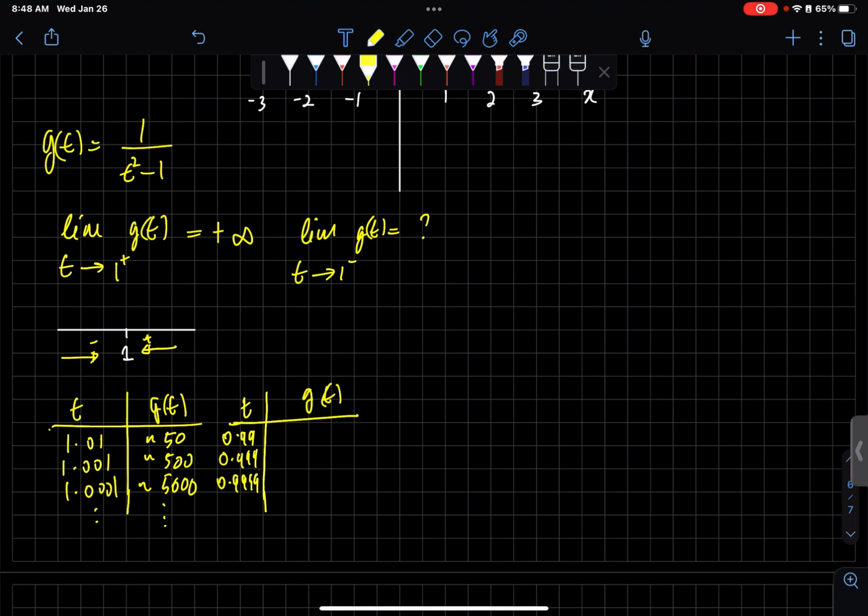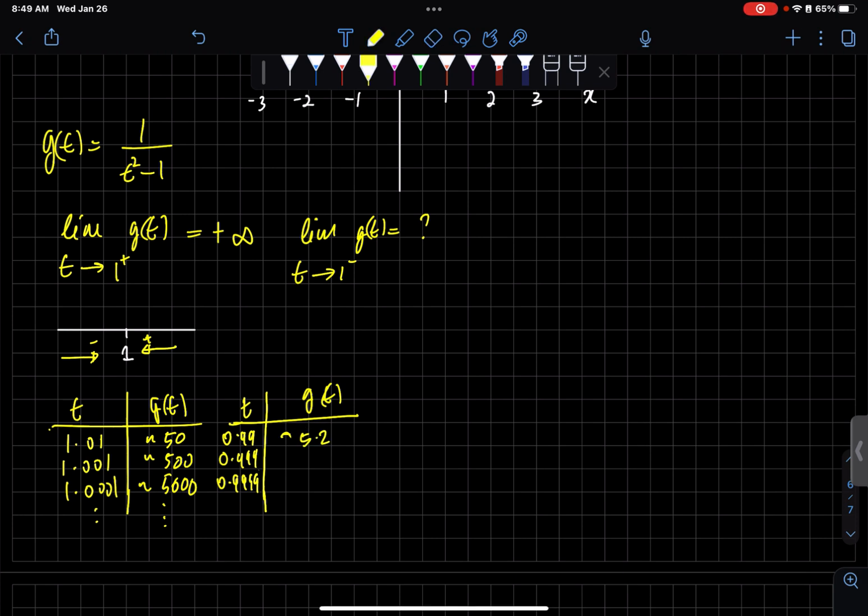So we have 0.99 squared, 1 minus that answer, and then 1 over that answer, you get approximately minus 5.2.